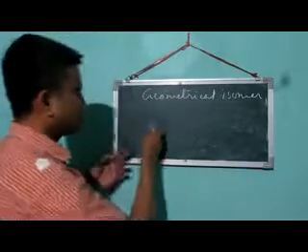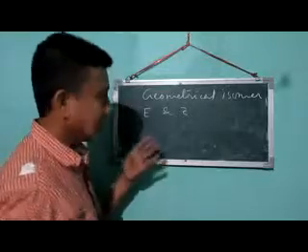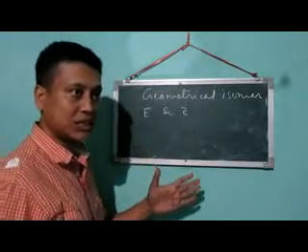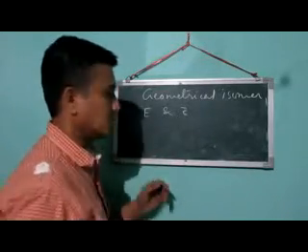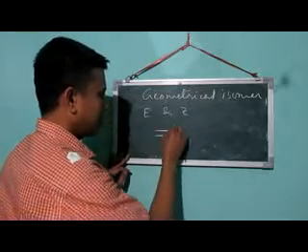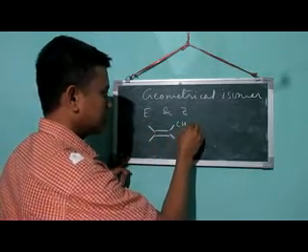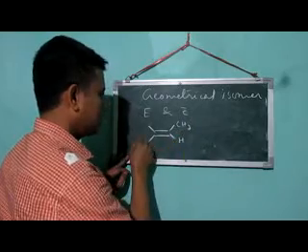Then another type of isomerism is called E and Z. So E and Z is similar to cis and trans, but it is not exactly that. What is E and Z? Suppose we have a double bond where we have four groups like this.